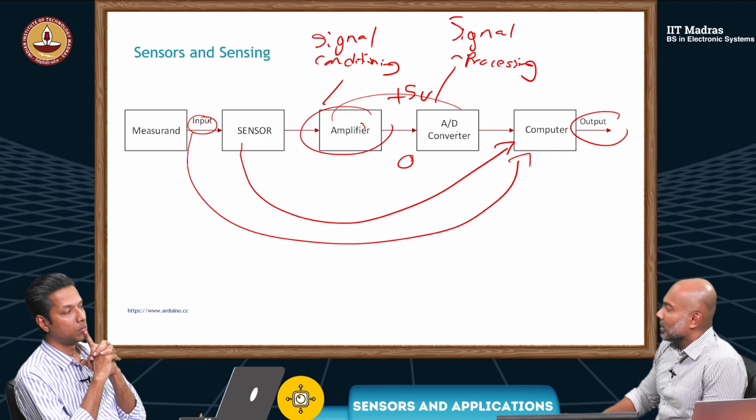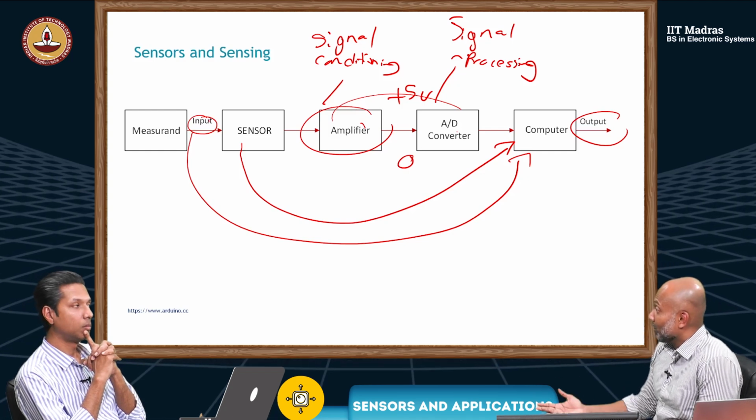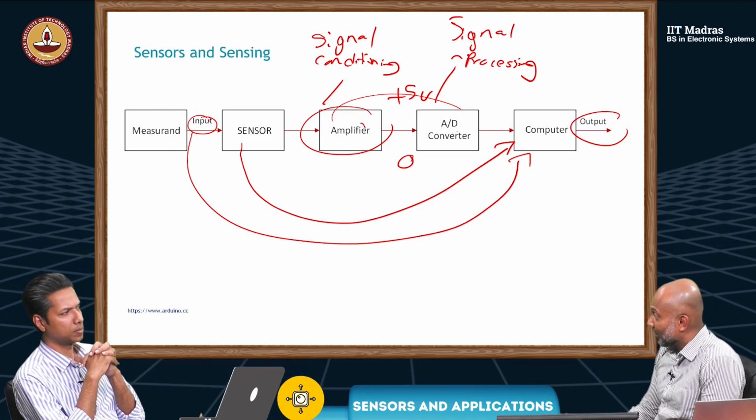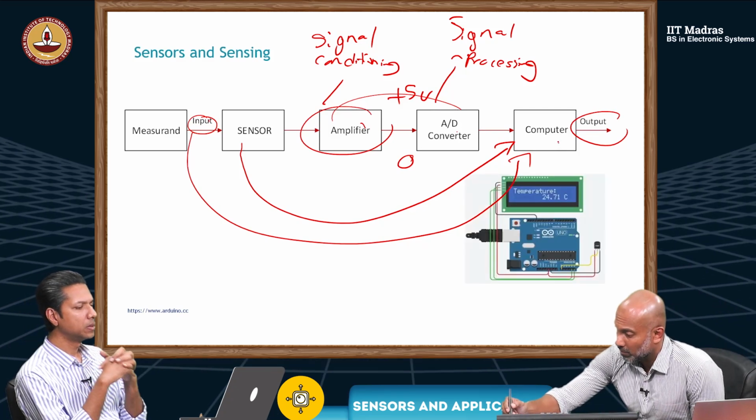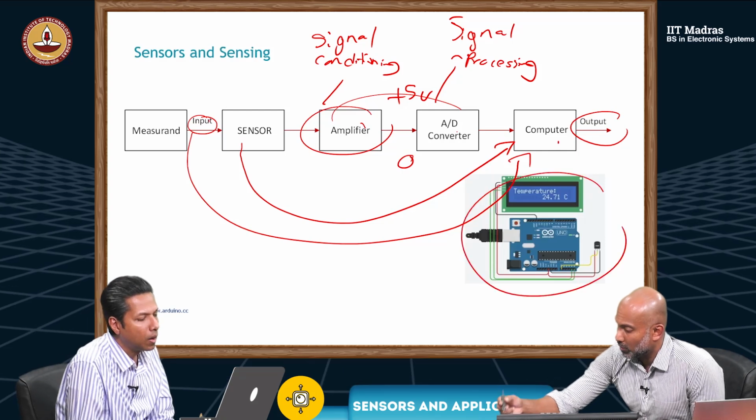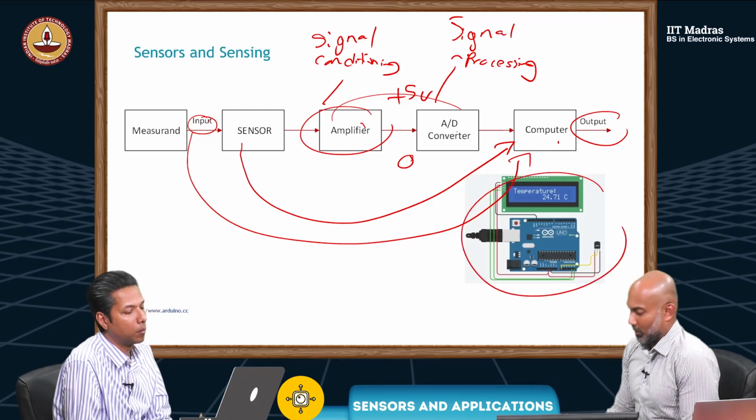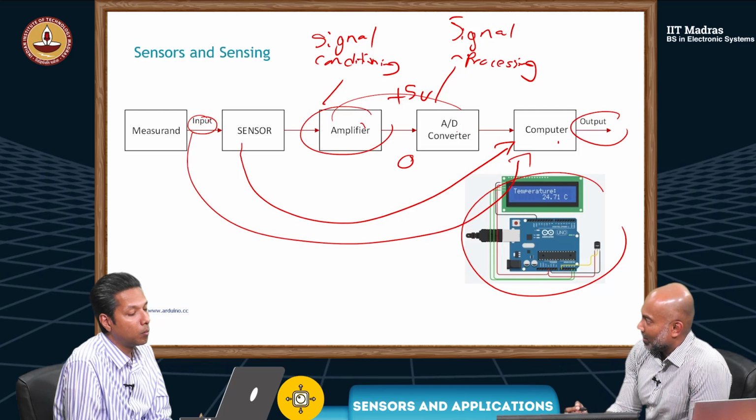Nowadays you also have all these different kinds of boards, like Arduino, Raspberry Pi. So this computer can also be, for example, an Arduino.